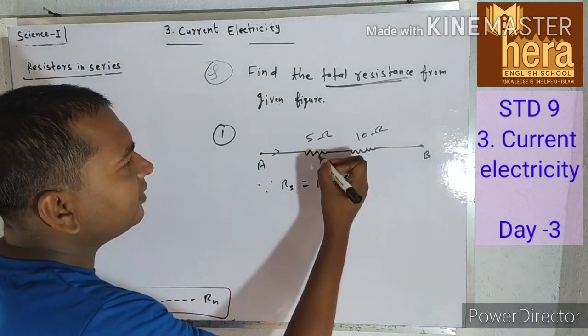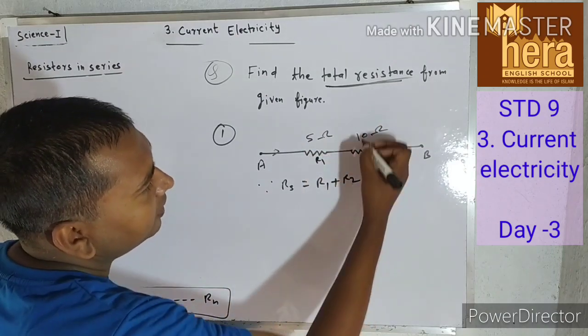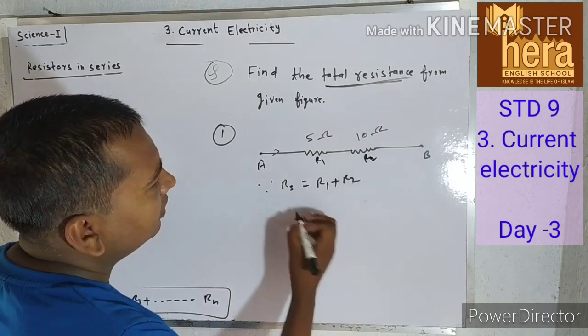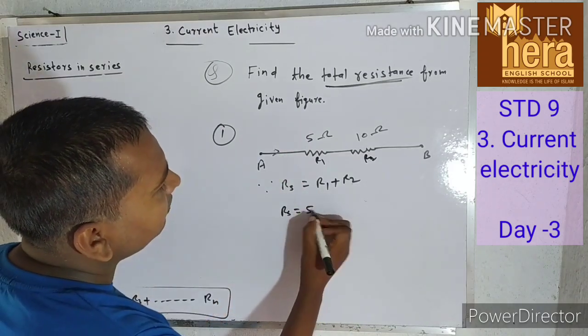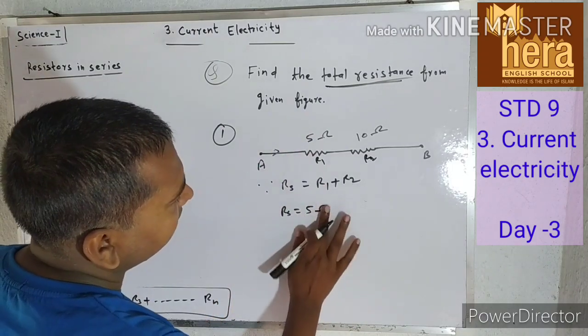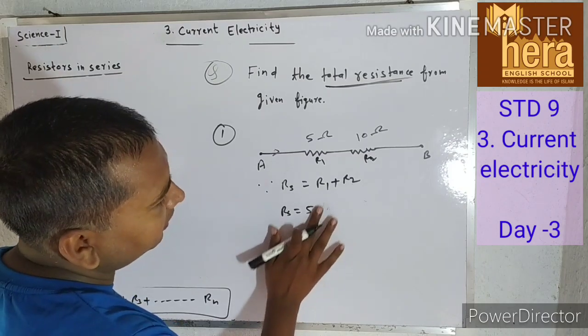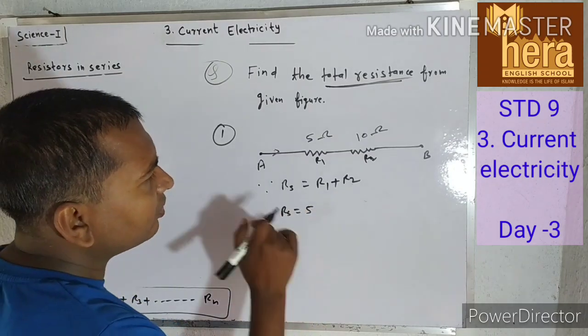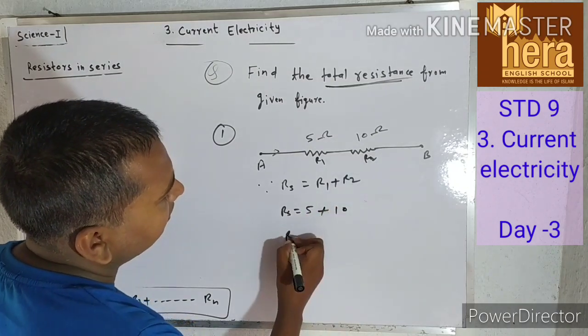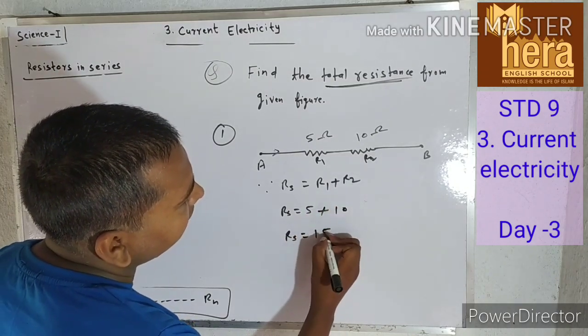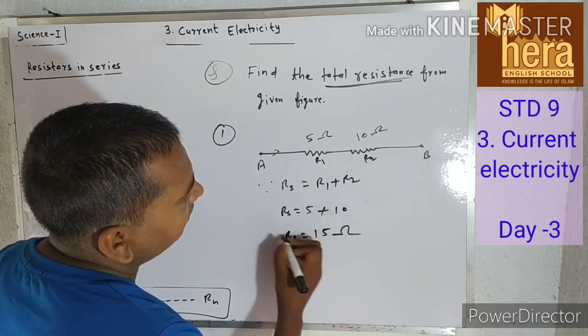So in this case, say this is R1, this is R2. Then RS is equal to, R1 is equal to how much? 5 ohm from the figure. Unit you have to write at the last. And R2 is equal to 10. Therefore, RS is equal to 10 plus 5, 15 ohm.